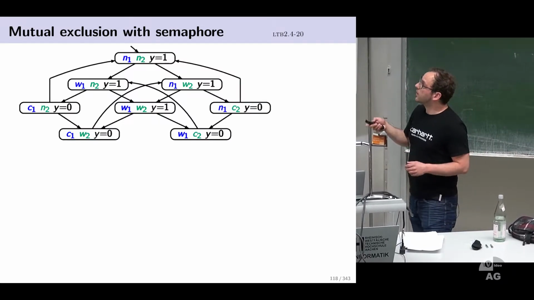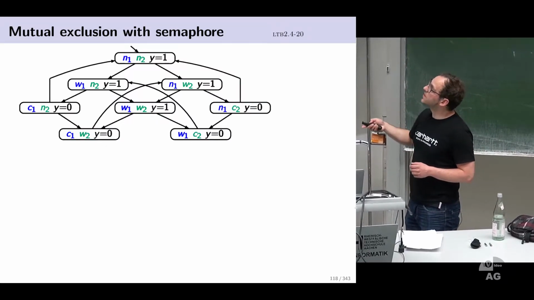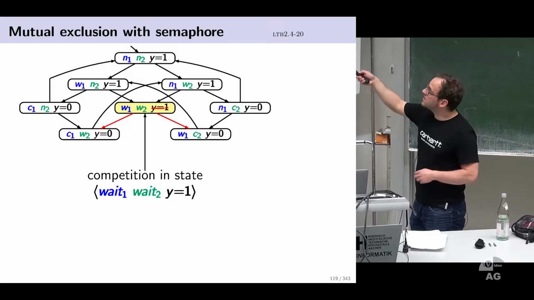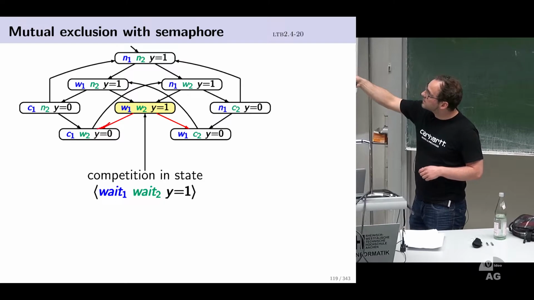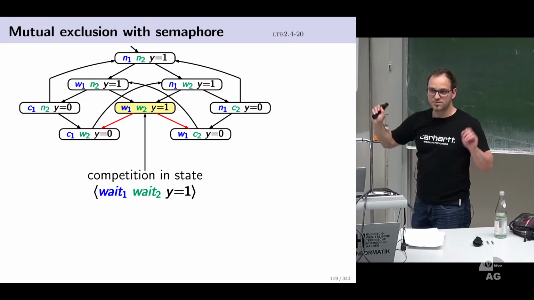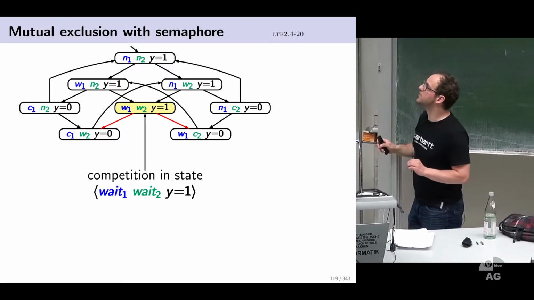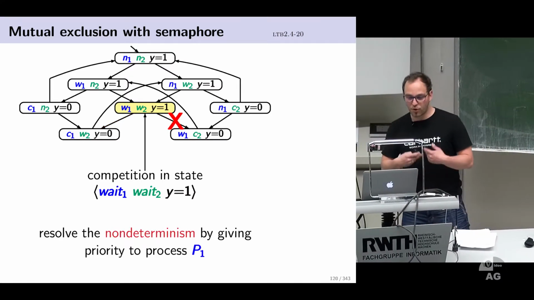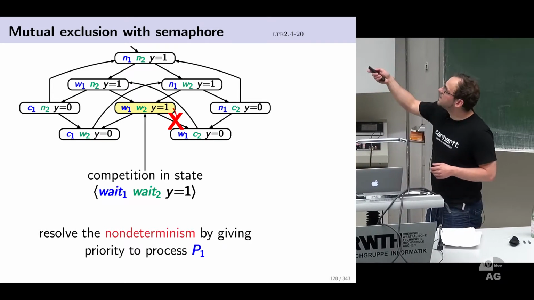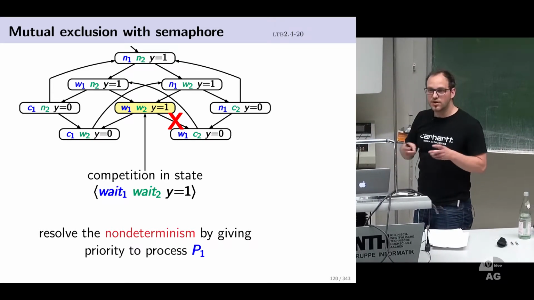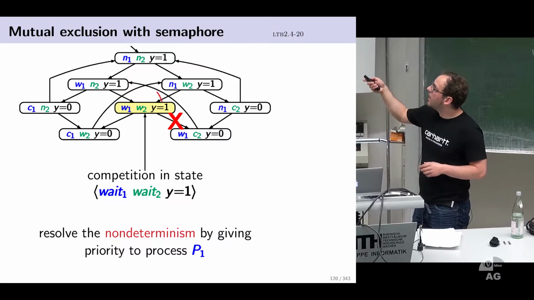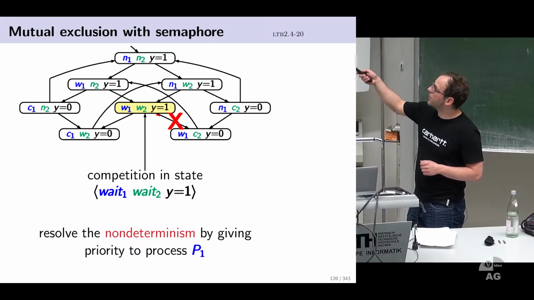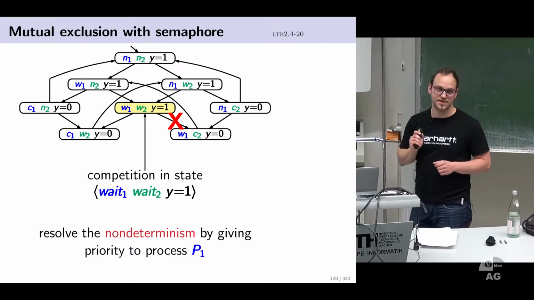If we look at a concrete example, again some mutual exclusion algorithm, let's say our design TI said, you can take both transitions here. All is possible. We don't specify what is happening precisely, and there is a competition in this state. And let's say our more refined design says, I don't want that race. I don't want non-determinism in my system. I want to get rid of this transition and say we always give priority to process P1 in this state.